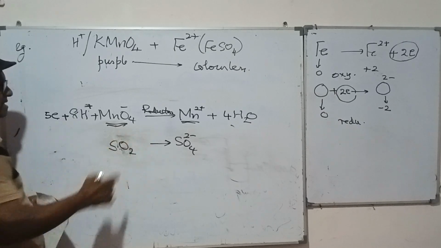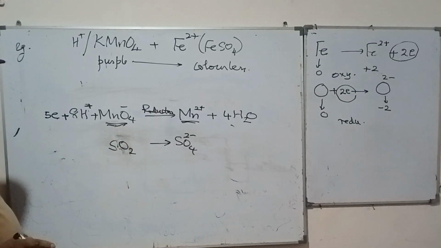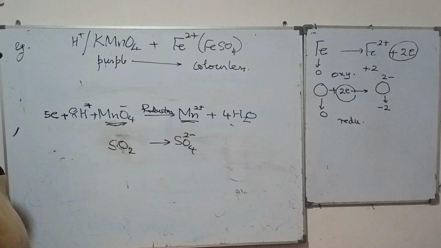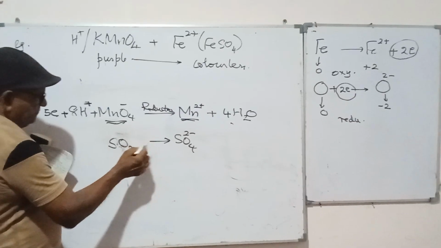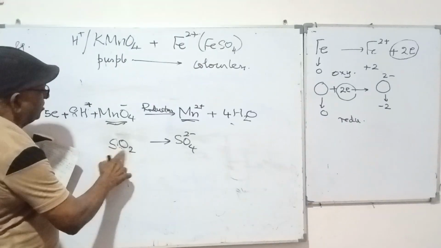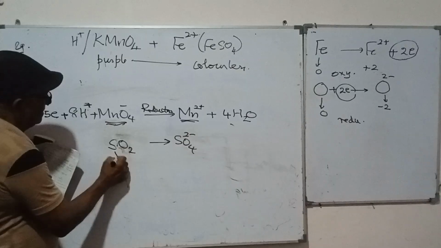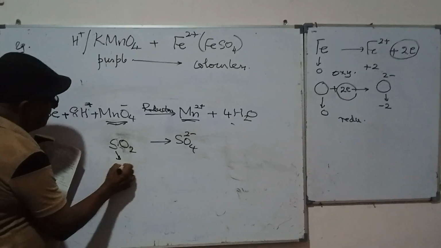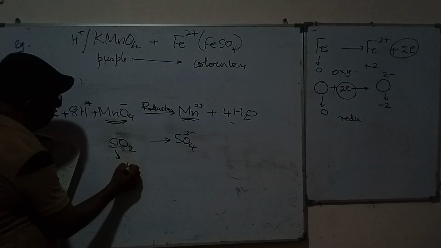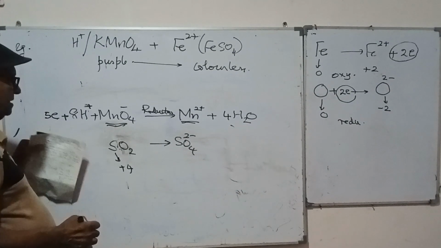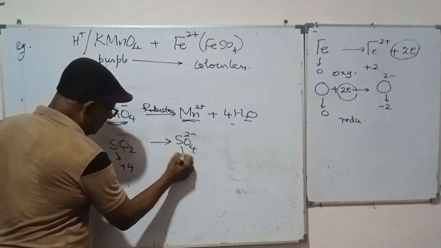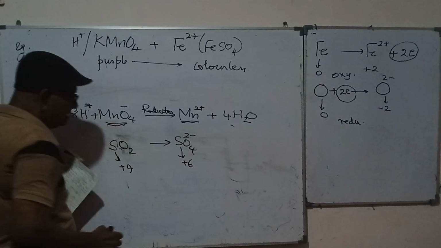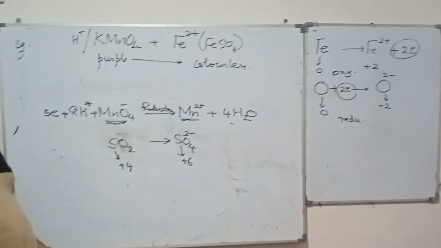SO2 gas undergoes oxidation to give SO4 2 minus during the reaction. So see here, if we calculate the oxidation state, in SO2, S is plus 4. In SO4 2 minus, S is plus 6. An increase of the oxidation state.